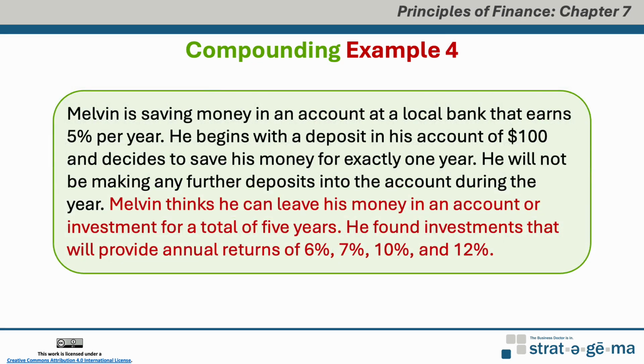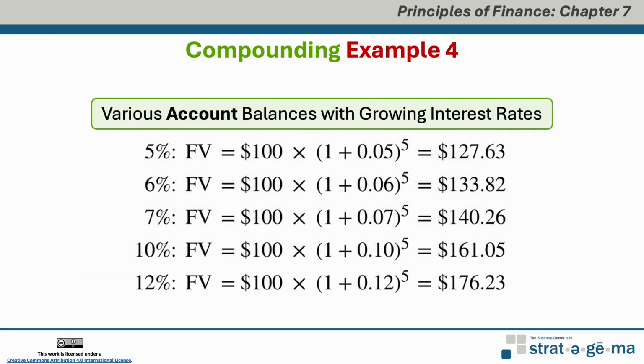Okay, so a fourth example. Same scenario, except now Melvin thinks he can leave his money in an account or investment for a total of 5 years, but he found investments that will provide annual returns of 6, 7, 10, and 12%. So what we can do here is do a bit of a comparison. We can say, well, at 5, 6, 7, 10, and 12%, what will those amounts look like at the end of 5 years?